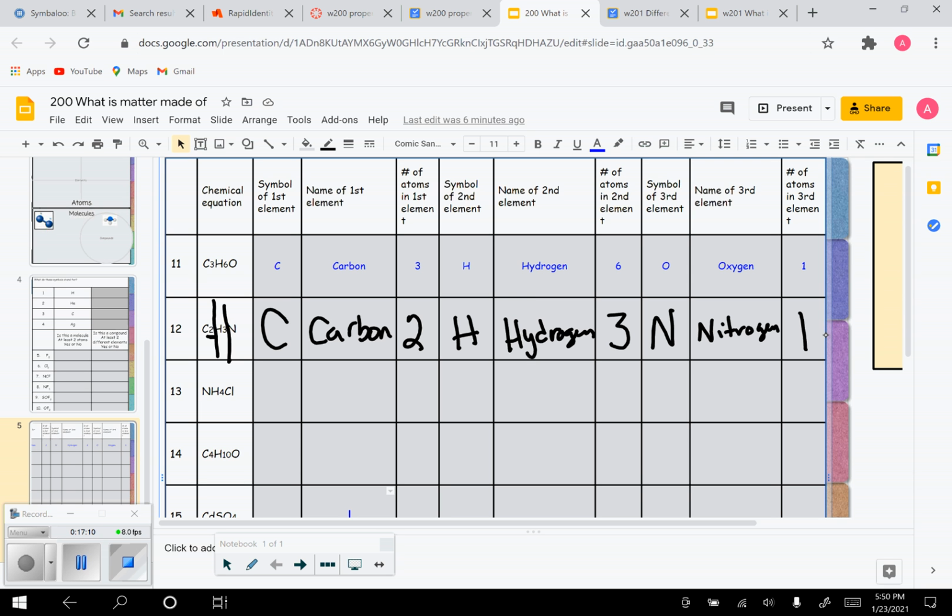Okay, I will help you with one more, then I'm going to turn you loose on it. On number 13, this one is N. N is nitrogen. Because it doesn't have a number, you know that's 1. H stands for hydrogen. Hydrogen, there are 4.